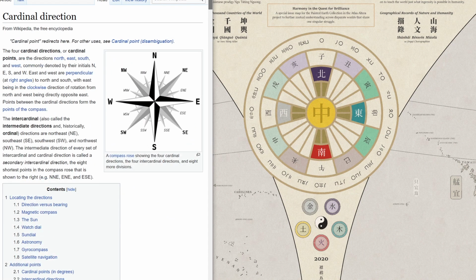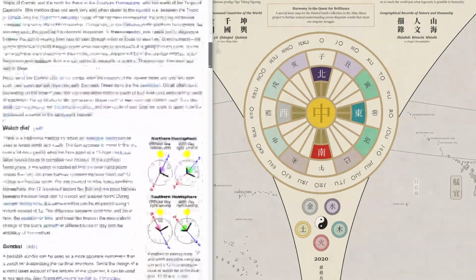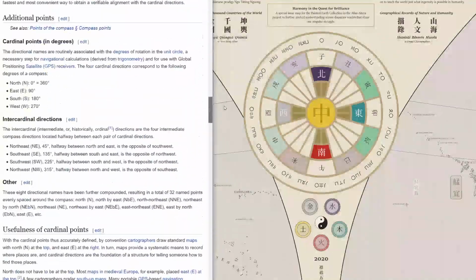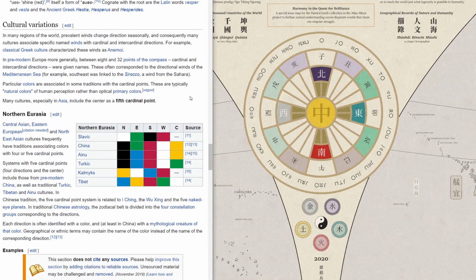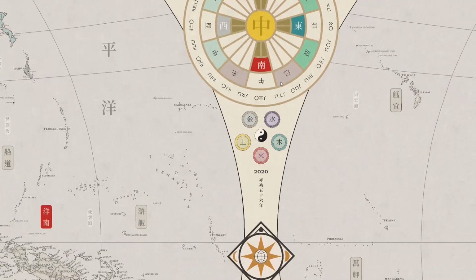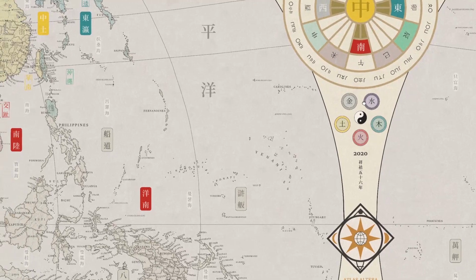And interestingly, I know that in Turkic peoples' tradition north is black. So the Turkic peoples either borrowed from this or there was a shared cultural thing here. But this directionality is very important because the Chinese assigned meaning to directions, not just color. You can see the yin yang at the bottom and the 5 elements.